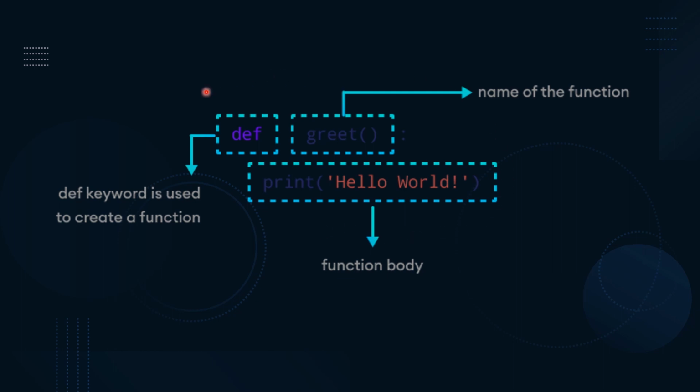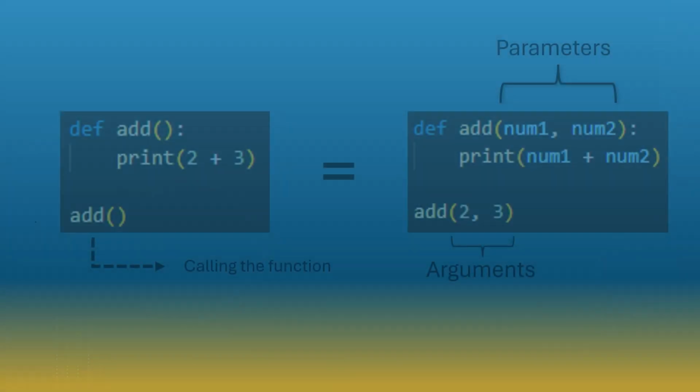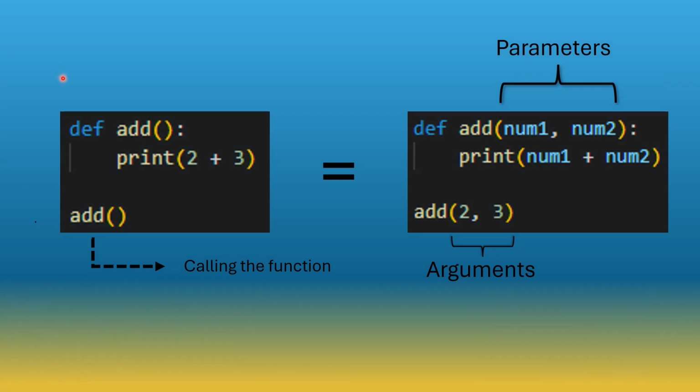Now, this is just defining a function, right? We're not yet calling it. So, remember this function. Now we move on to another. We use our keyword def, our name add, and then the body of the function, print 2 plus 3. Then we're going to call our function.